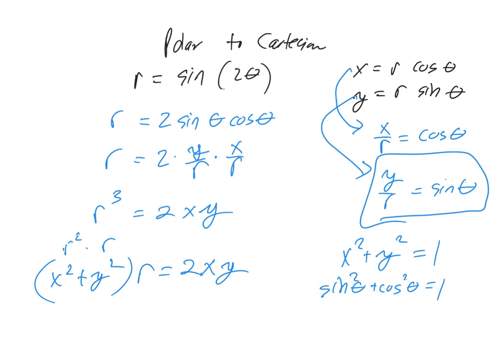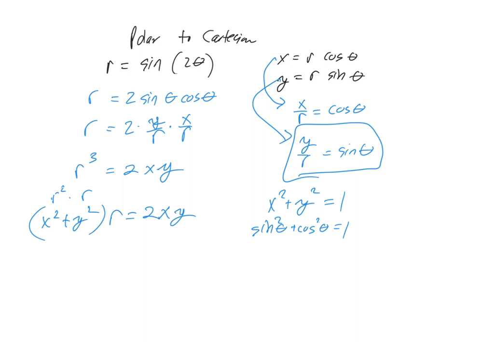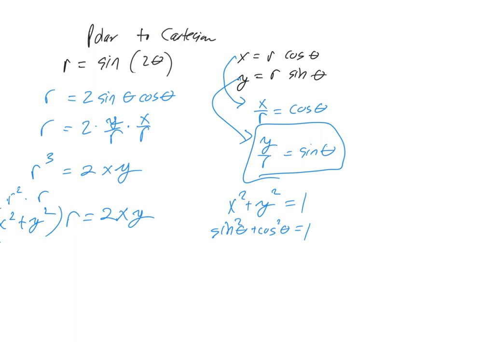I'm going to pause on that one and set it up another way over here. There are other ways to go. I could rewrite this as r equals sine of alpha, and we'll say alpha is 2 theta up here.